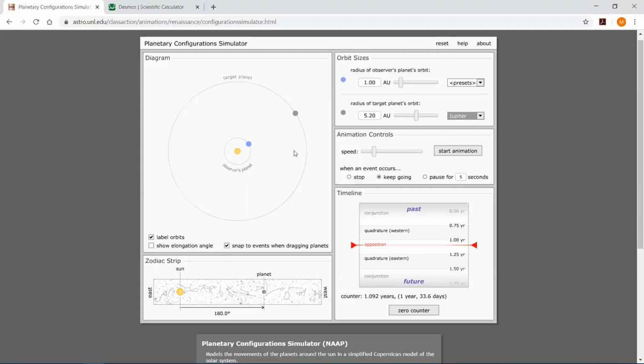That amount of time for Jupiter is called a synodic period. Synodic period. It's the time between two successive oppositions. Jupiter would have been next to the sun, and then it would have left the sun as seen from Earth, and then it would have joined up with the sun again. So the synodic period is the time between two successive oppositions.